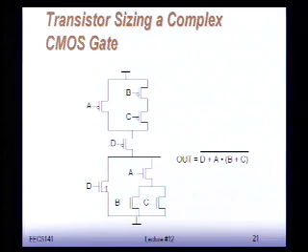So if you go through the same type of analysis, let's look at the pull down now. There are two parts to the pull down, and there is going to be a worst case delay for the left hand side path, and a worst case delay for the right hand side path.